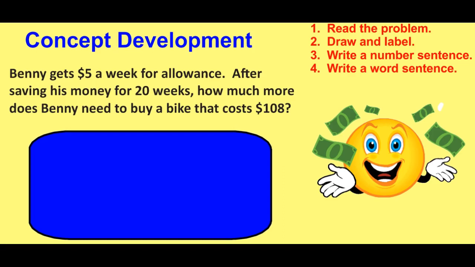Think about what steps we need to take to solve, because we're trying to figure out how much more money he needs to get in order to buy a bike that costs $108. So read back over it, figure out what steps we need to take, and then we will work through it together and draw our pictures, write our equations, and then write our answer in a sentence. So push pause to read back over this and think through what we're going to do.